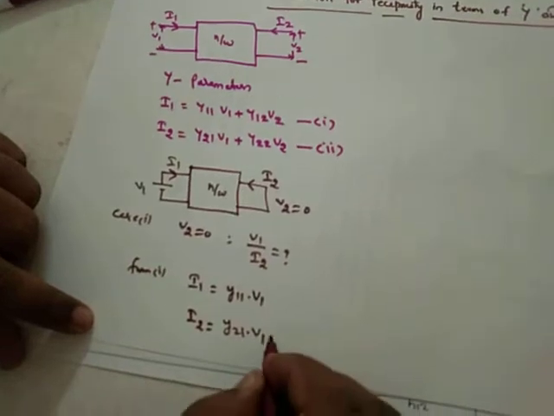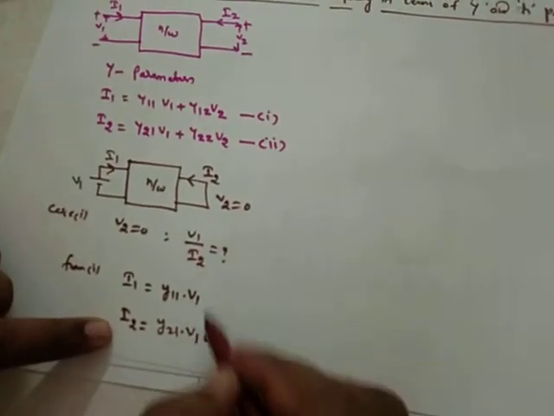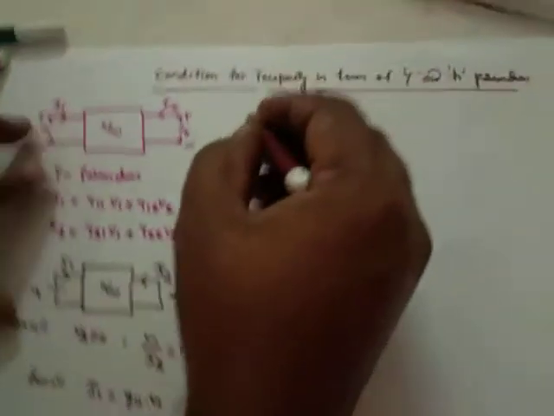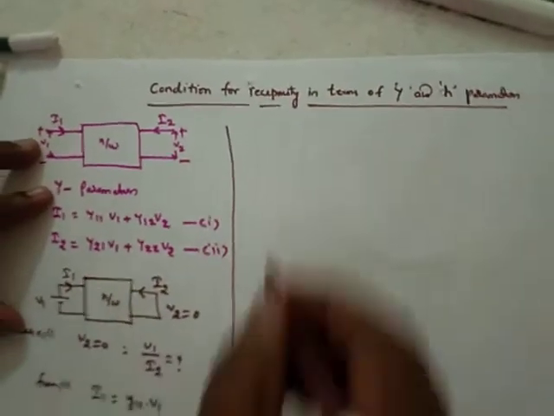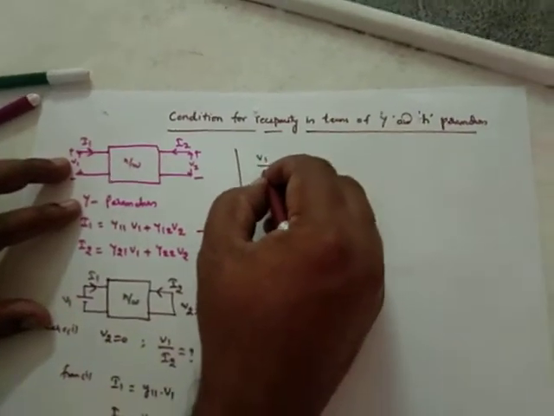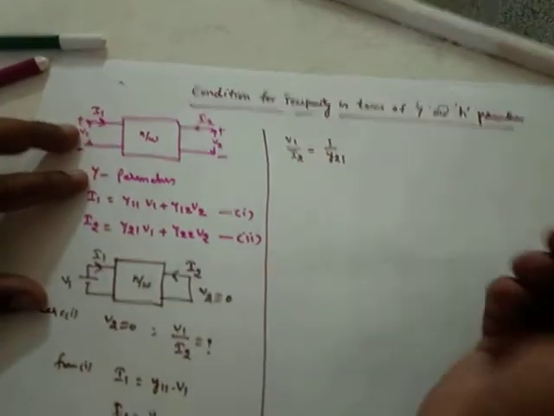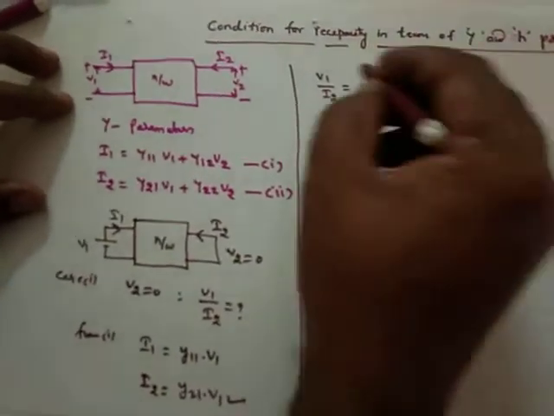Observe here, from this one you can easily calculate V1 by I2. So V1 by I2 is equal to 1 by y21.